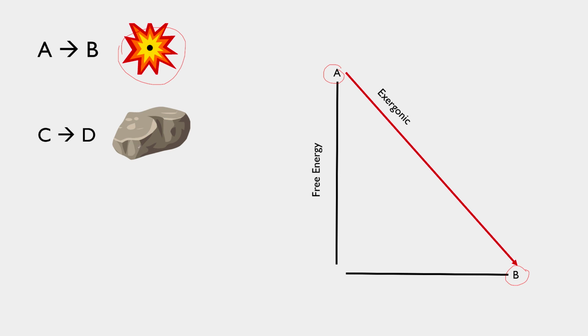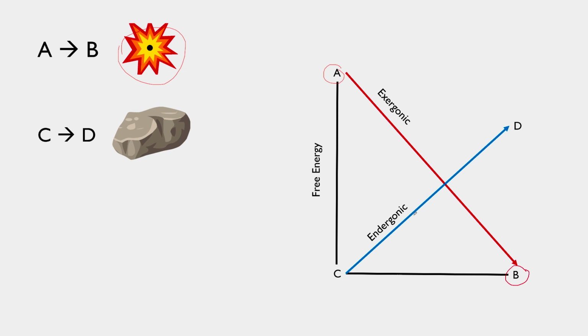Not much is going to happen to this rock without adding energy to the system. If we look at this in terms of free energy, it's an endergonic reaction. Our reactant C is going to require some energy to get it up to our product D.